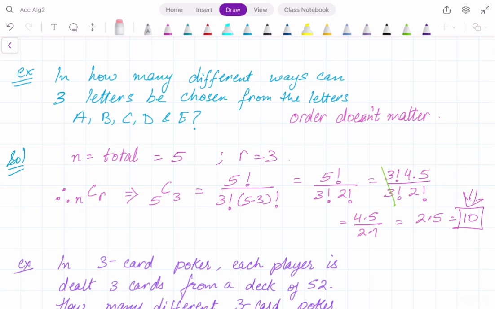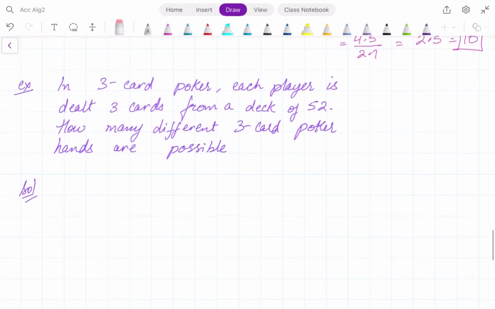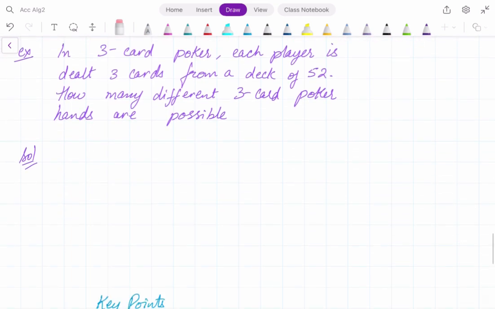So in the next example, there's a glitch. Give me 1 second, let me fix it. Okay, here we go. So now in this case, we have this particular question. Each player is dealt 3 cards from a deck of 52 cards.